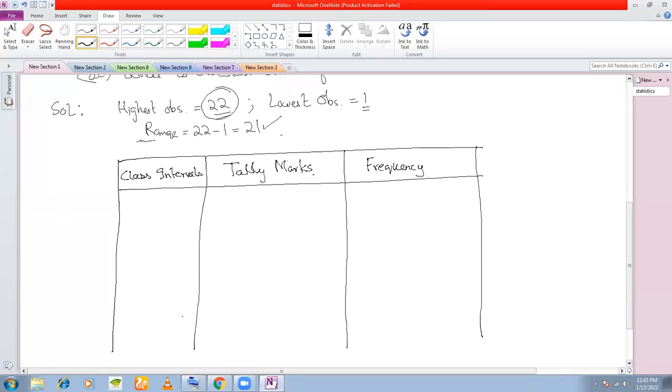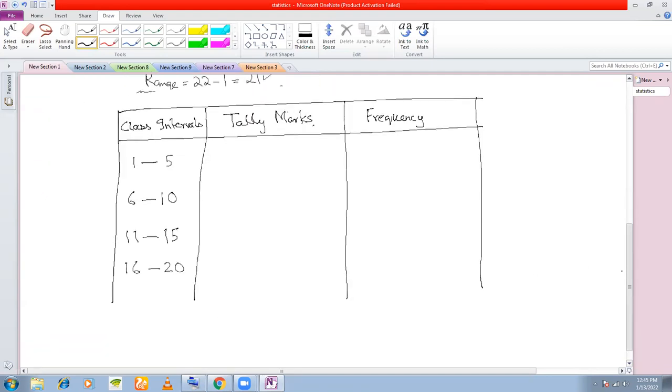This is the kind of table that you're going to make. And what are the class intervals that we agreed upon? 1 to 5, 6 to 10, 11 to 15, 16 to 20, and finally 21 to 25. This is what we agreed upon, these class intervals.